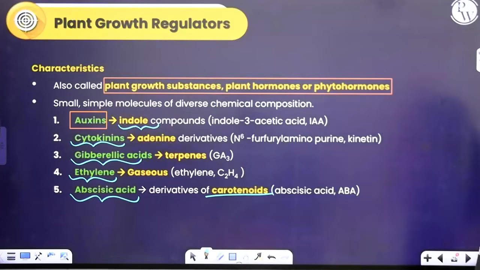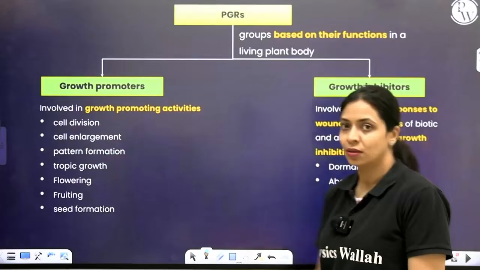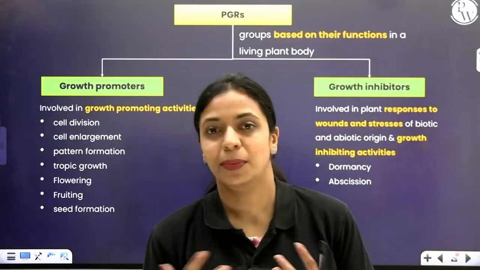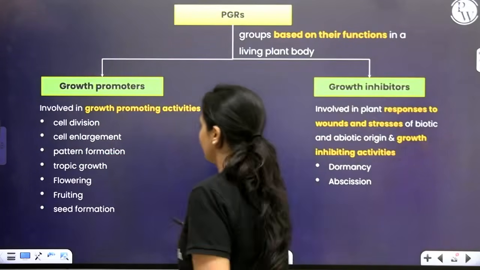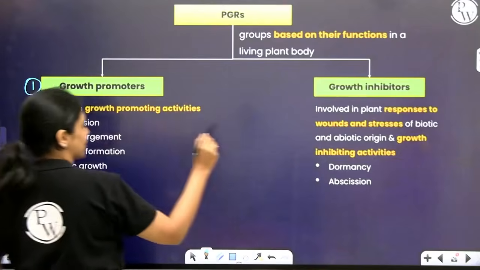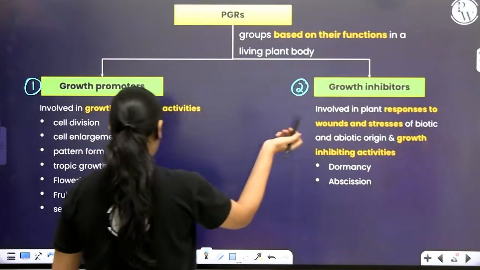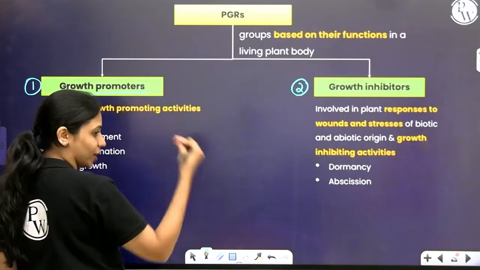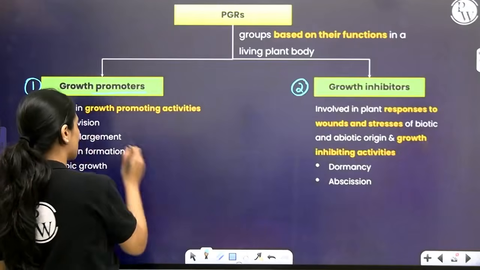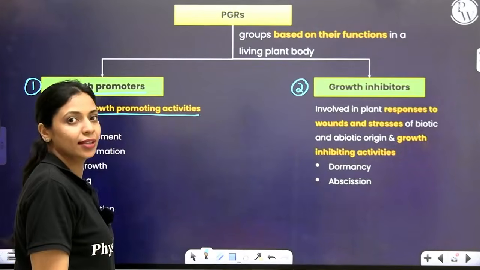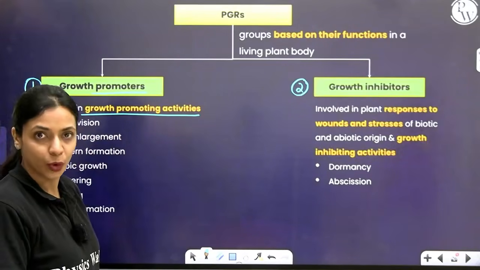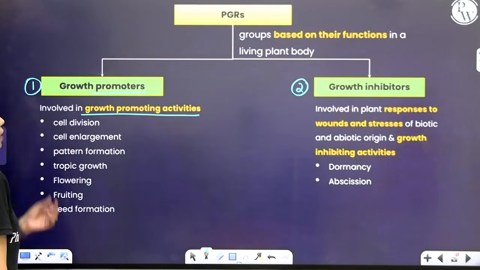Now let's talk about its classification. Plant growth regulators can be classified into two categories. The first one is growth promoters and the second is growth inhibitors. Very clearly, if the plant hormone shows growth promoting activities, then you call it a plant growth promoter. For example, cell division.